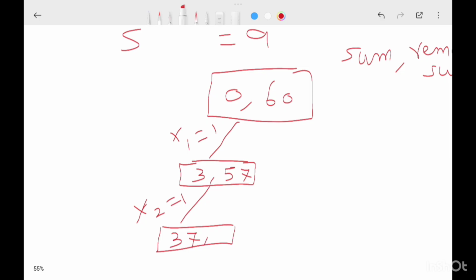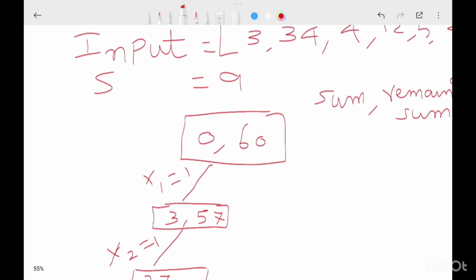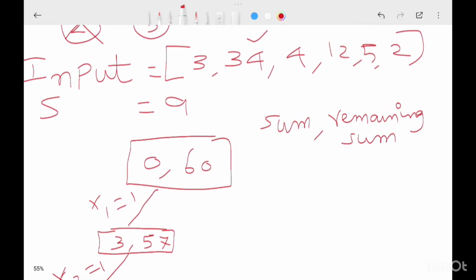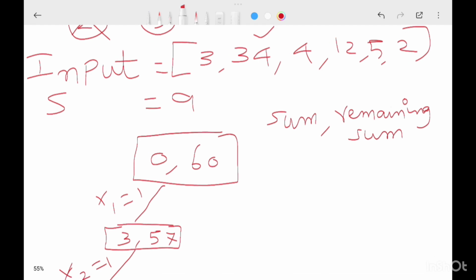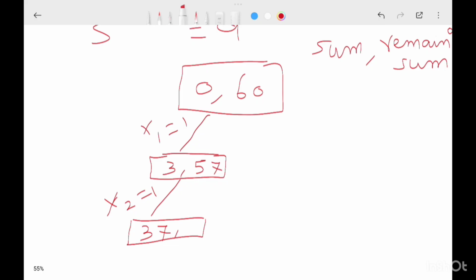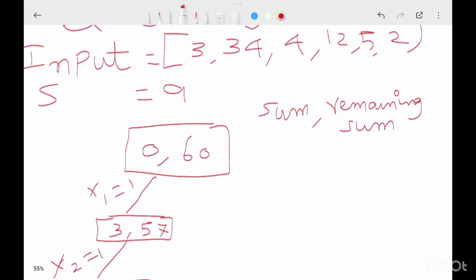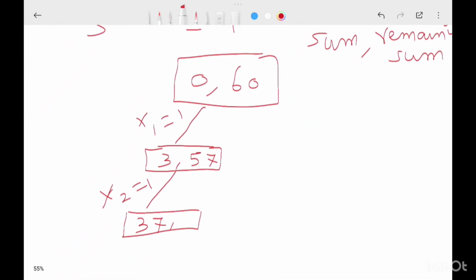And then the remaining sum excludes the elements 1 and 2. That means 60 minus 37, that is 23.